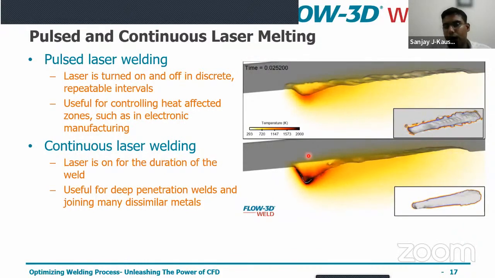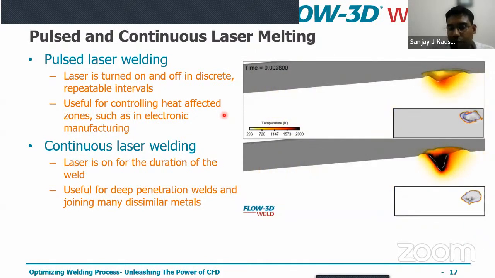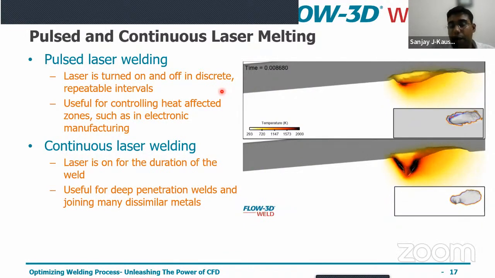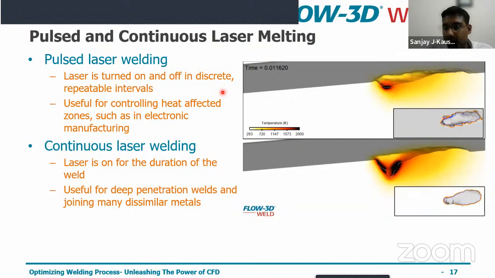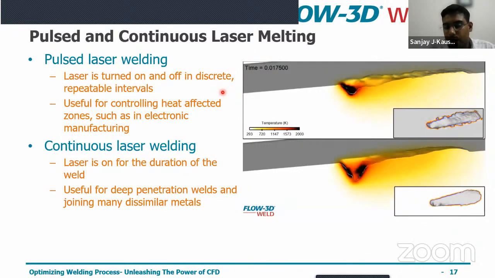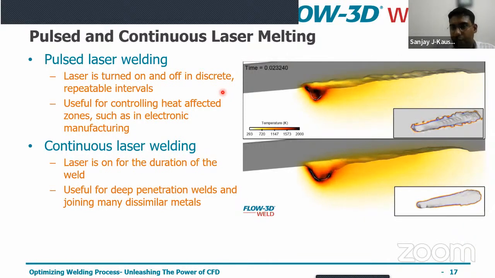But there are specific advantages of pulsed and also continuous laser. If you look at pulsed laser, we can control the heat affected zones. This can be very helpful in electronic manufacturing, where the heat affected zones should be constrained, and they cannot afford the heat to be lost in any way.